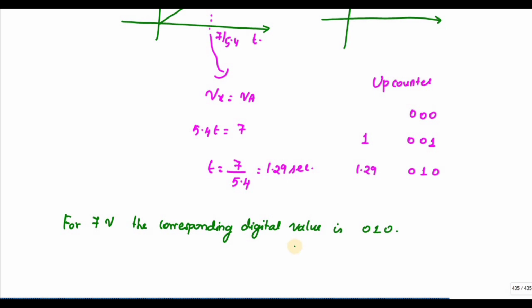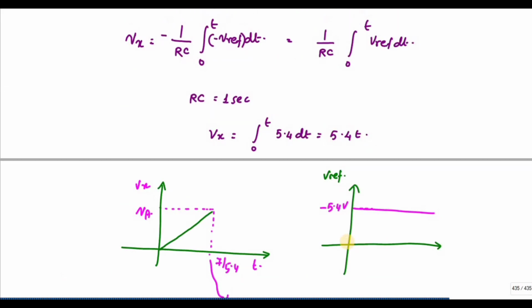Why? Because it depends on the value of RC, right? If RC is 2 seconds instead of 1 second, the value gets changed.